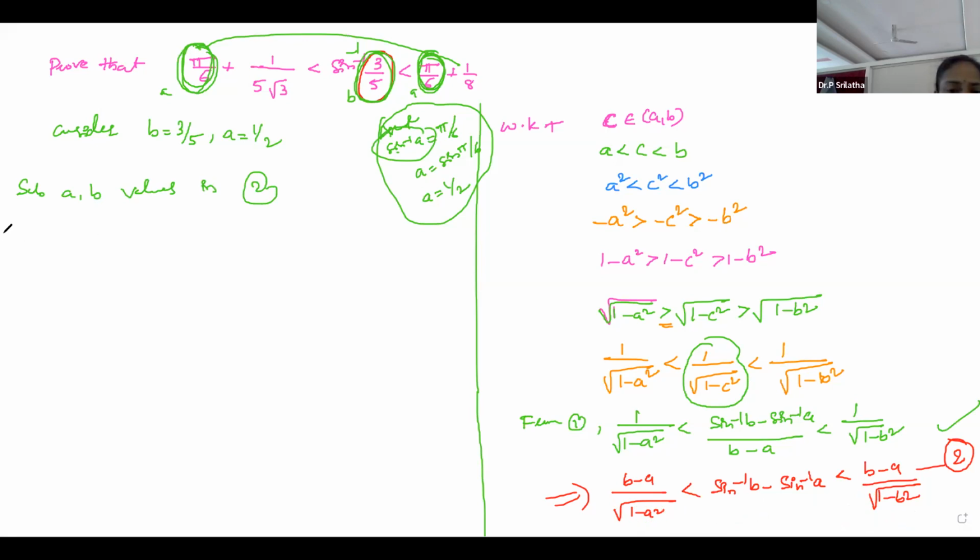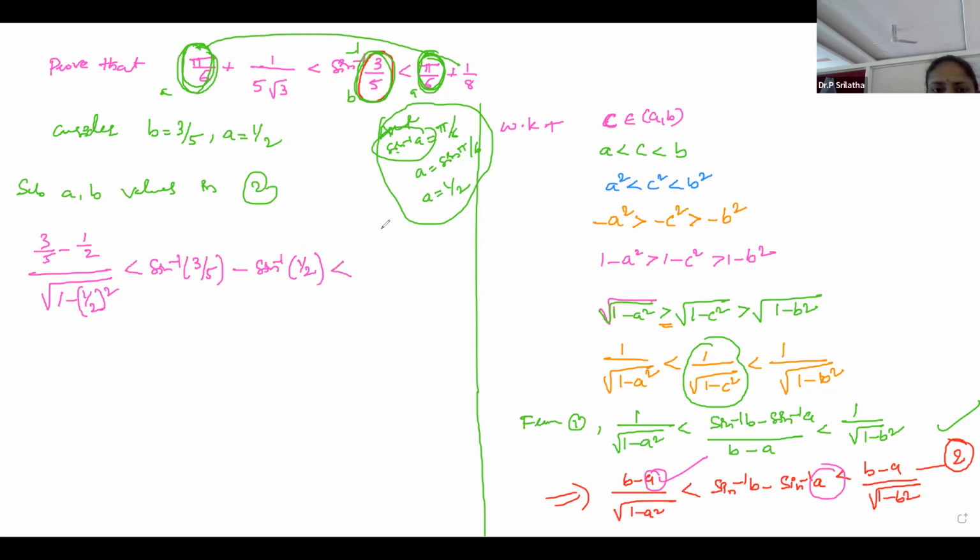Then we get b is 3/5 minus a, which is 1 by 2, divided by under root of 1 minus a square, that is 1 minus 1 by 2 whole square, is less than sin inverse of b, 3 by 5, minus sin inverse of a, that is sin inverse 1 by 2, is less than b minus a.